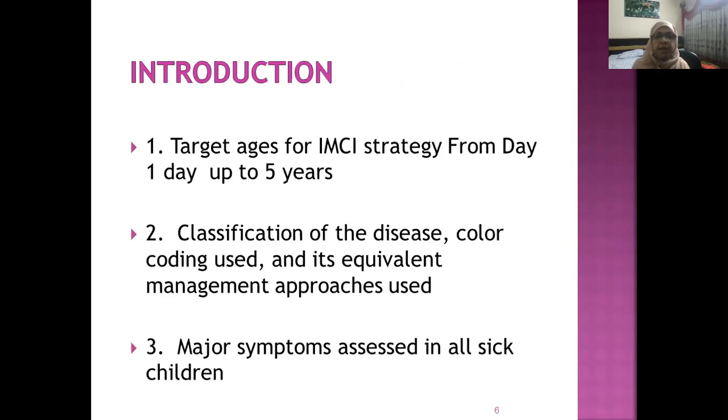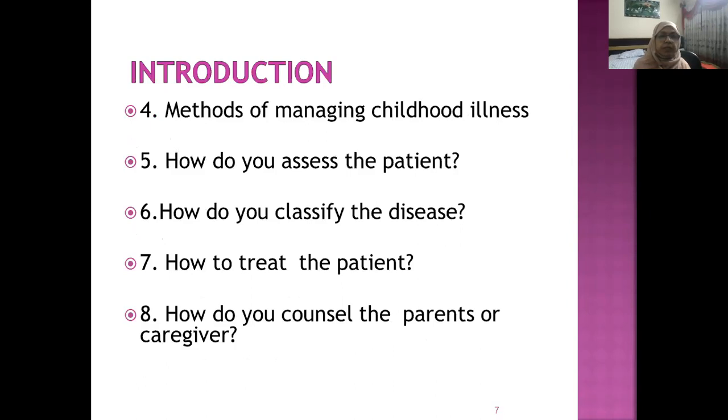Major symptoms assessed in all sick children. The method of managing childhood illness: how to assess the patient, that is the children, and how to classify the disease of the children, and how to treat the patient, and how to counsel the parents or caregivers.